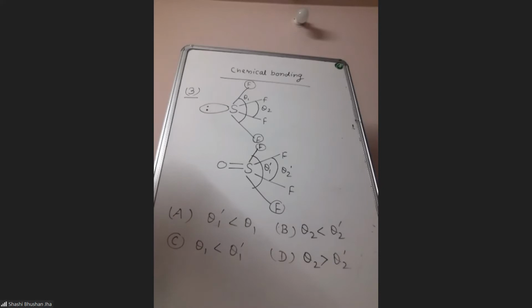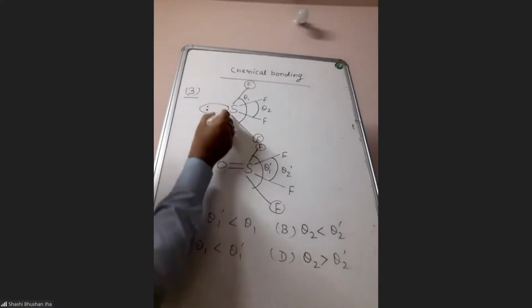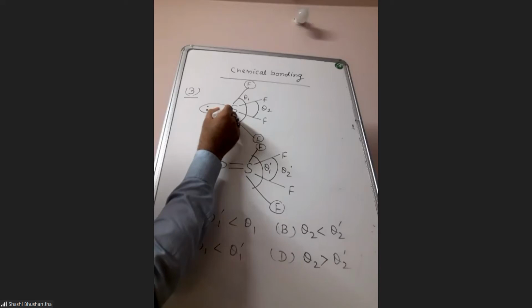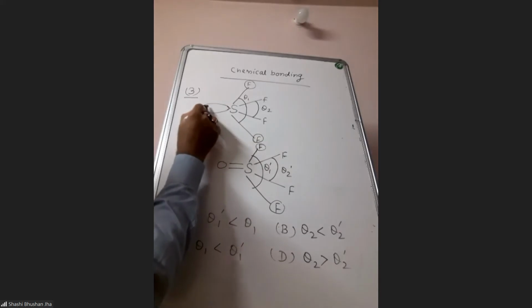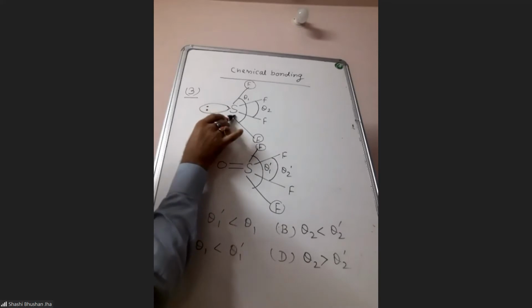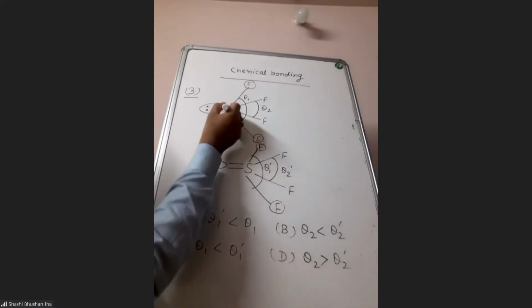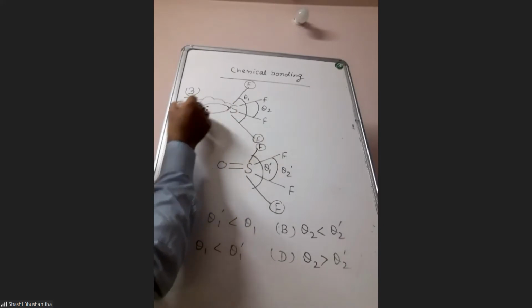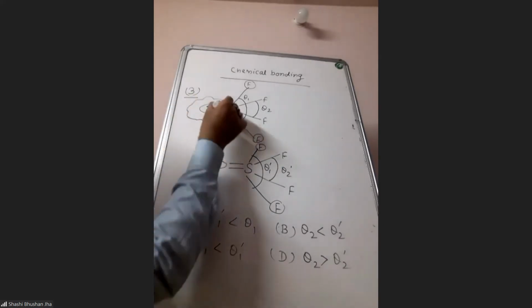Axial. See, what happens here, this lone pair of electron is present at equatorial position and it is under the influence of only one nucleus of sulfur. So this lone pair will occupy sufficiently large space around sulfur.